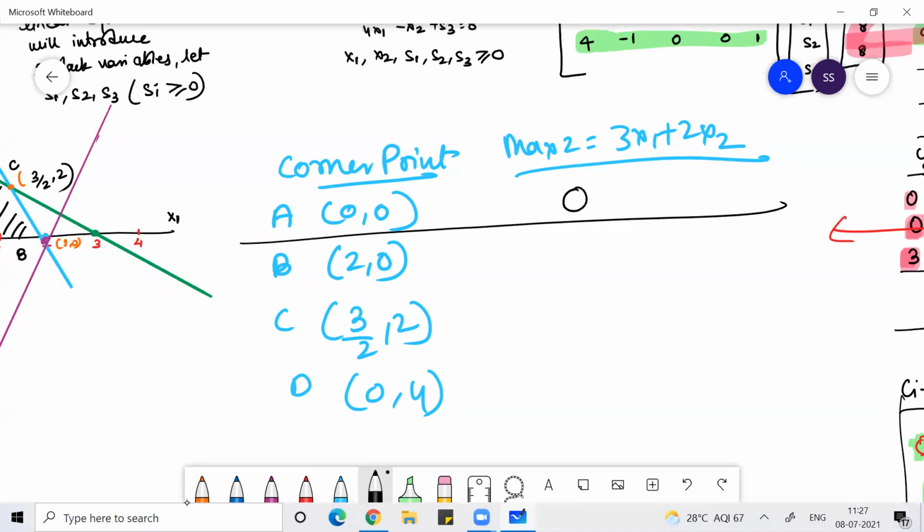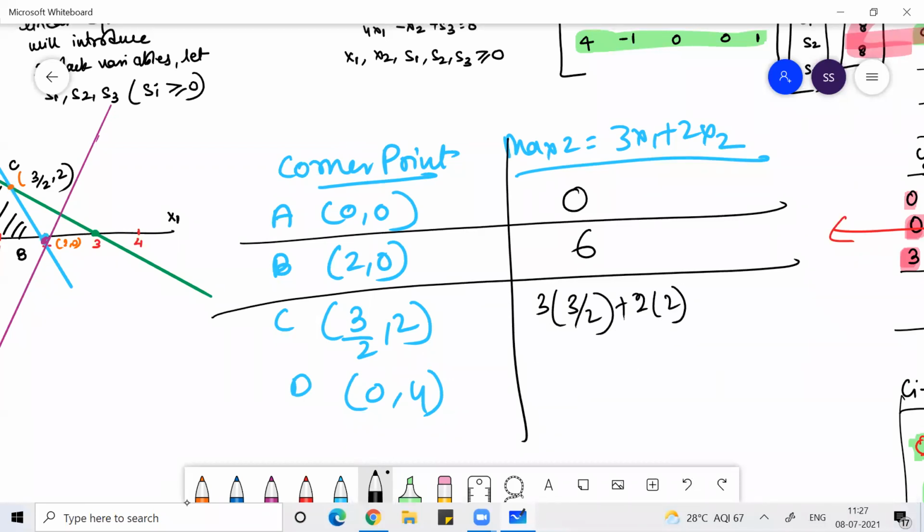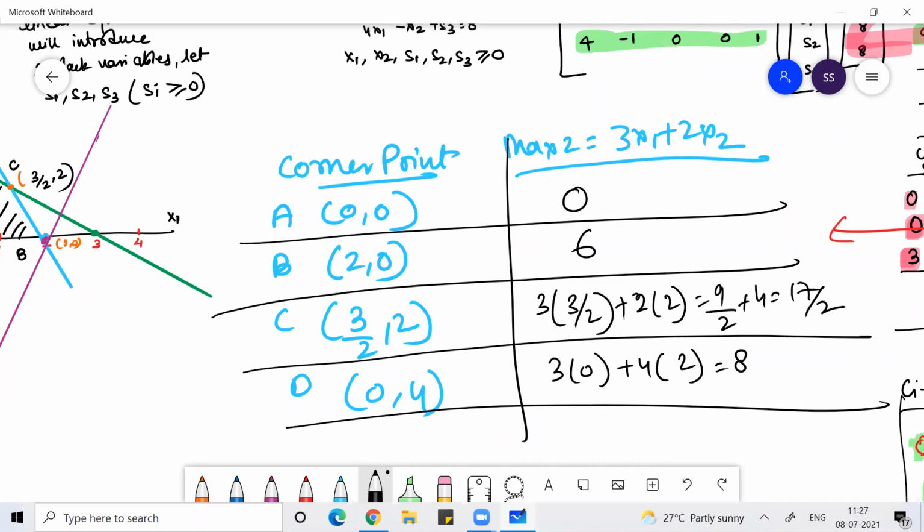This is 0 only, this would be 6 only, and this would be 3 into 3 by 2 plus 2 into 2, which is 9 by 2 plus 4, so 17 by 2. Then 3 into 0 plus 4 into 2 would be 8. So 17 by 2 means 8.5.